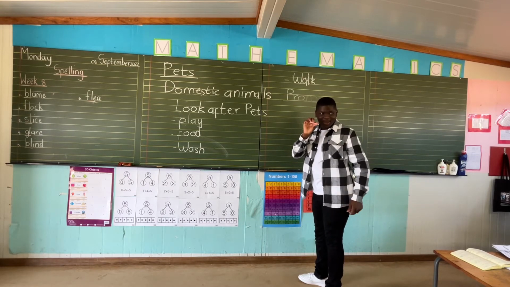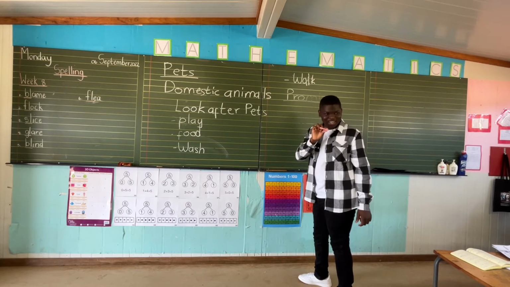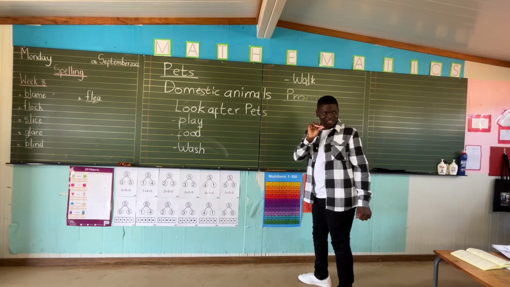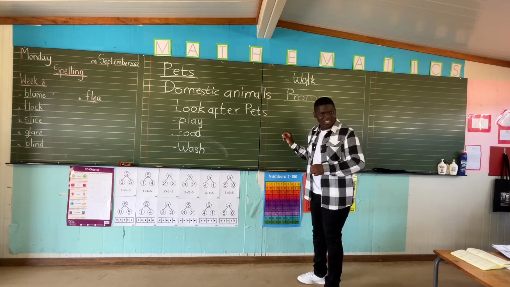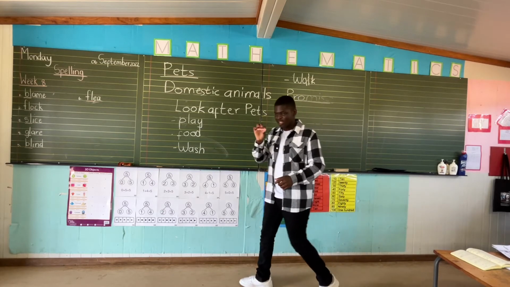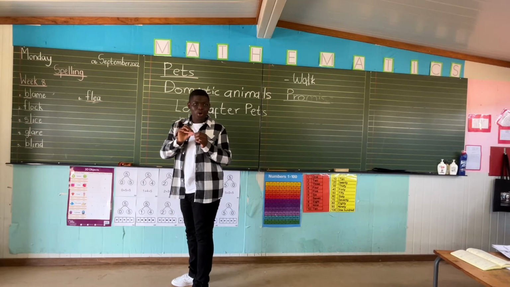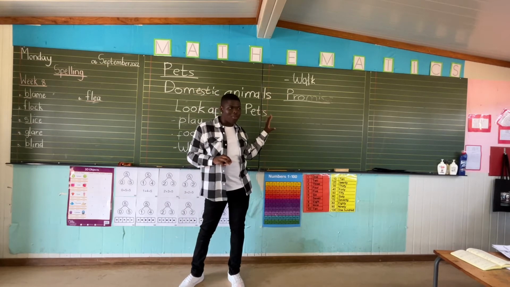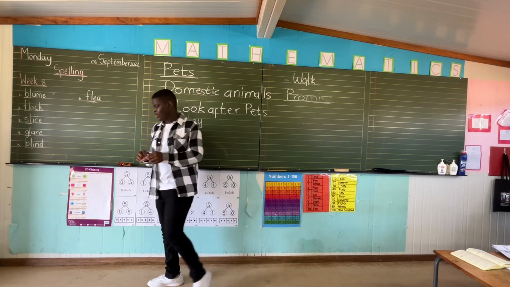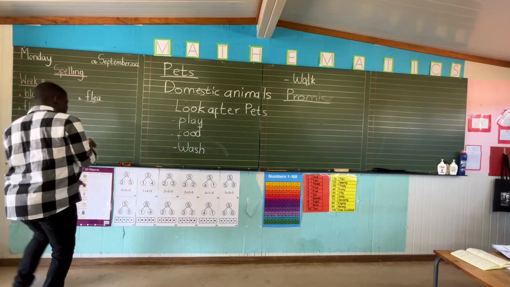We're using this because we're going to write lovely promises. It's red as a heart. Have you ever seen a heart emoji? A red one, yes. We're using this so that we can show our pets love when we follow these promises.